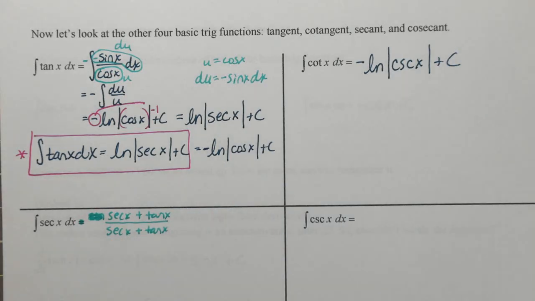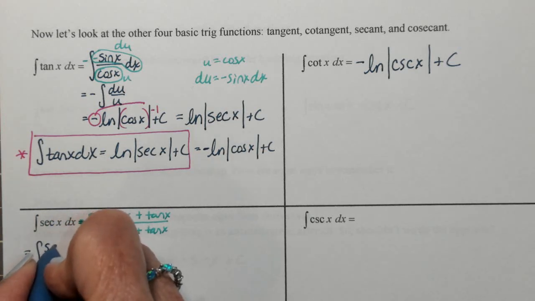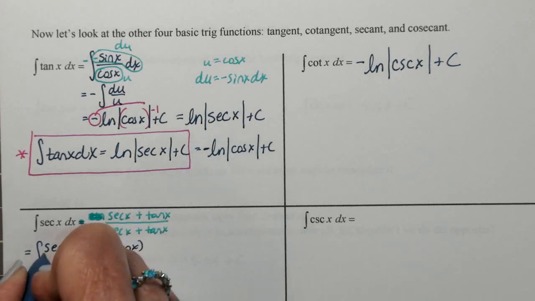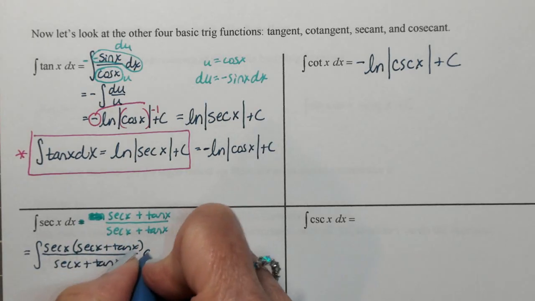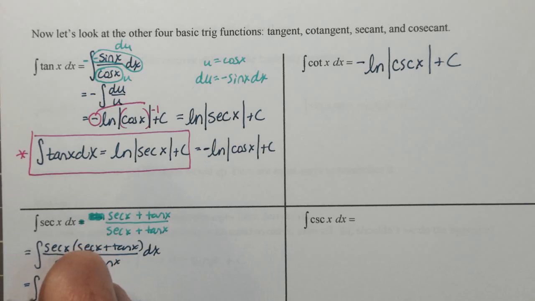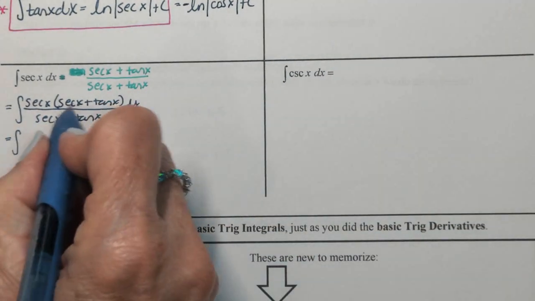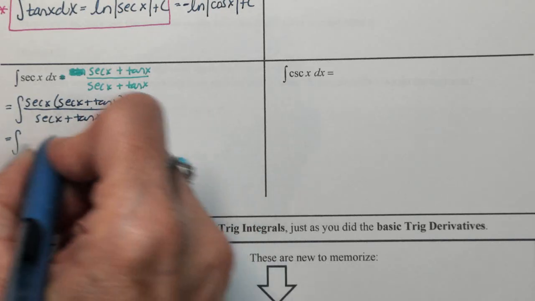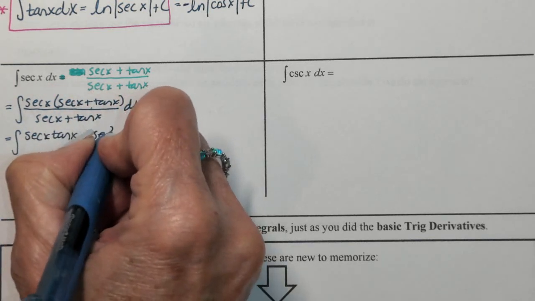My integral is now secant x times secant x plus tangent x divided by secant x plus tangent x dx. If I distribute the secant x through the parentheses, I'm going to get secant x tangent x first and secant squared x second.